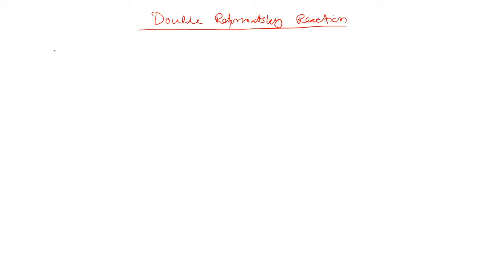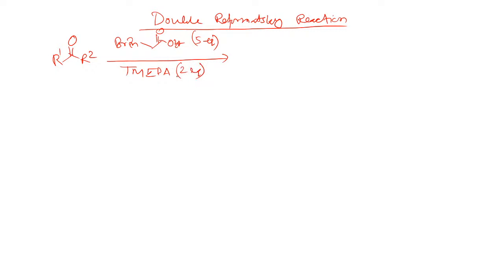So if you use an excess of the reagent like this zinc, if this is 5 equivalents, and it has been shown that if you use a base like TMEDA, tetramethylethylenediamine, 2 equivalents, and THF at 50 degrees centigrade, then you get the double Reformatsky reaction.